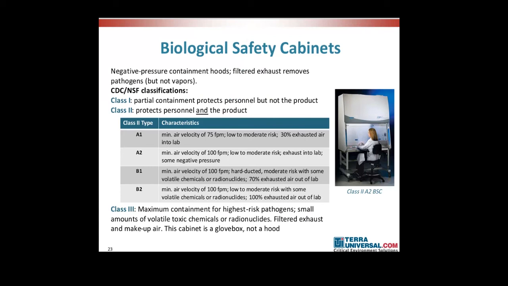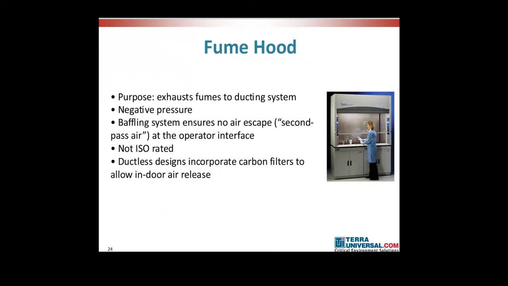This keeps your operator safe if you're compounding any CSPs that are listed on the NIOSH list. The fourth category is a fume hood. You may have run across fume hoods from time to time. Fume hoods are not recommended for compounding of sterile to sterile CSPs. Yes, the operator is protected from exposure to CSPs, but the intake air is not filtered, so your CSP is prone to contamination. Great question.